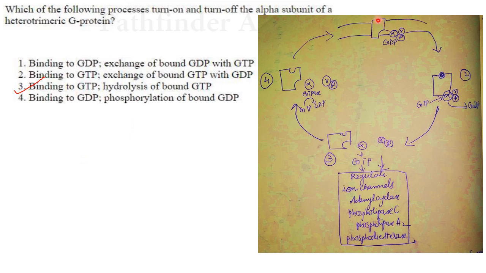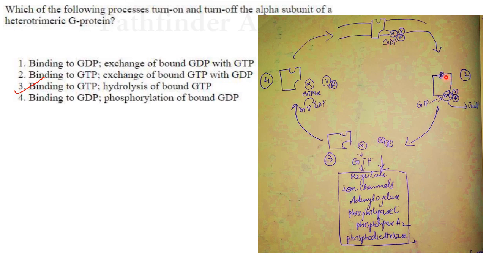This is where the ligand will bind. In the beginning, under basal condition, G protein exists in the cell membrane as heterotrimers composed of alpha, beta, gamma subunits. They will not be bound to the receptor. Alpha subunit will be bound to GDP.